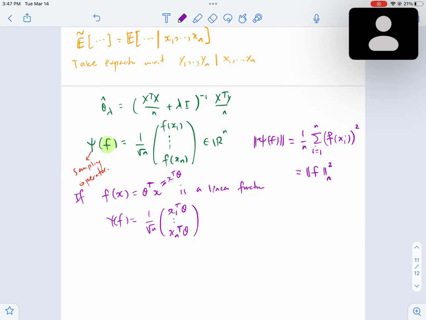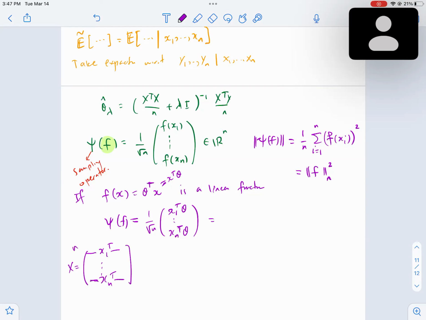Can I simplify this expression? Remember x is the design matrix, which is n by d.